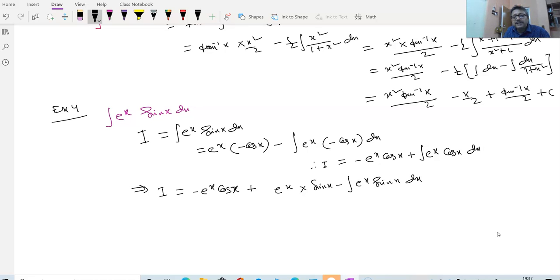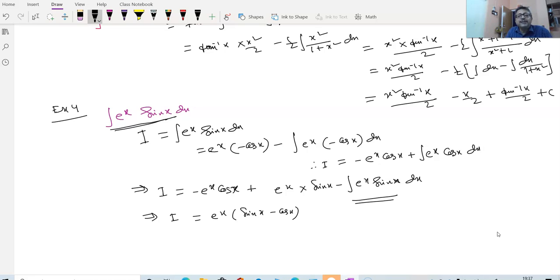See the fun after this step, we have started with this integrand as I, we are getting the thing I back. Actually it happens for all exponential multiplied by trigonometric functions. So you have to remember that we'll integrate it twice.